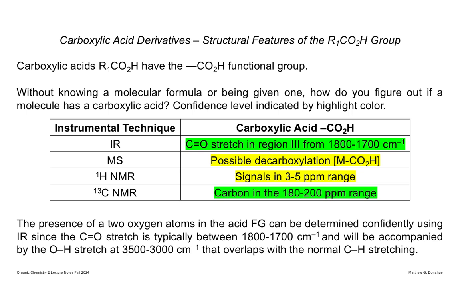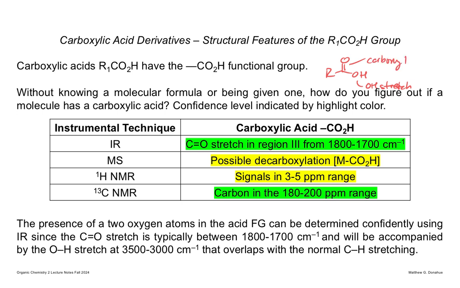So how do we know that you have that acid functional group in there? The IR is probably the most indicative. So your OH stretch looks pretty unique, coupled again with the carbonyl.